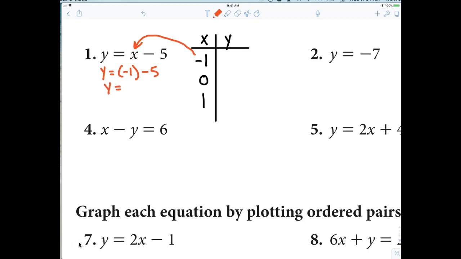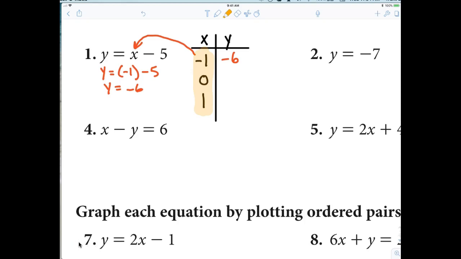Well, what's -1 minus 5, guys? -6. So put a -6 there. Say it again. Well, because I told you these are the ones that I want you to plug in always: -1, 0, and 1. You hear me?